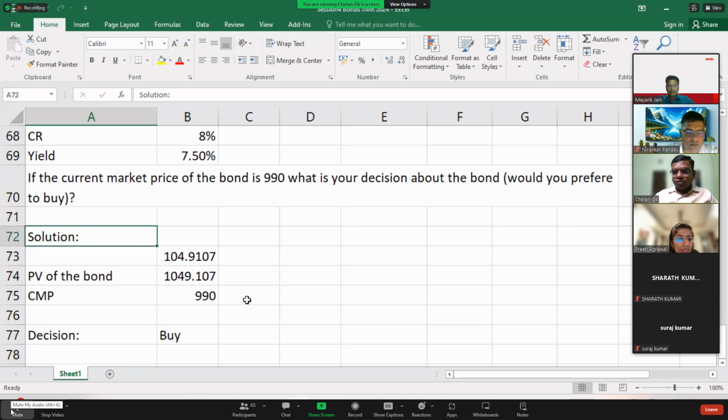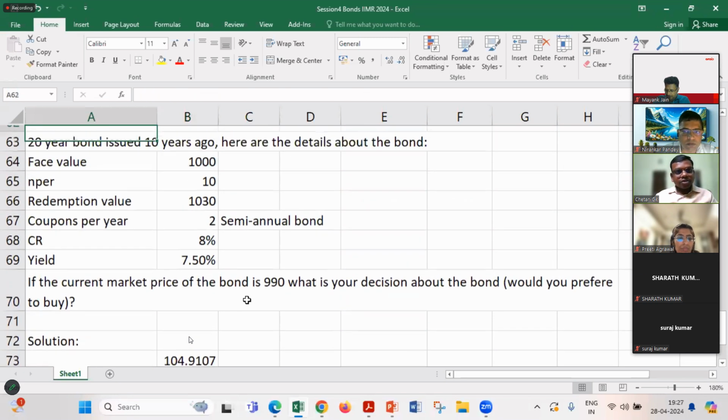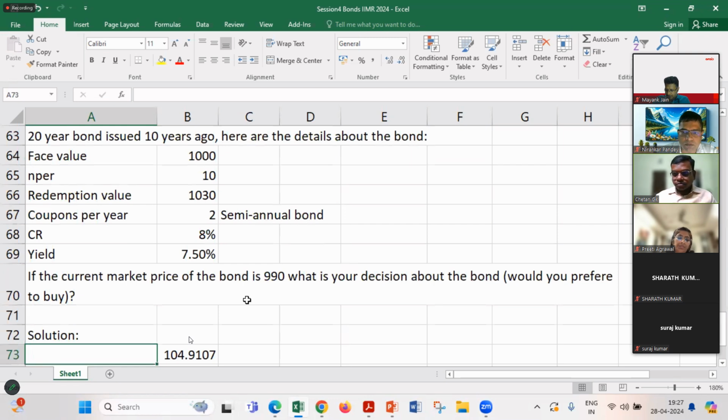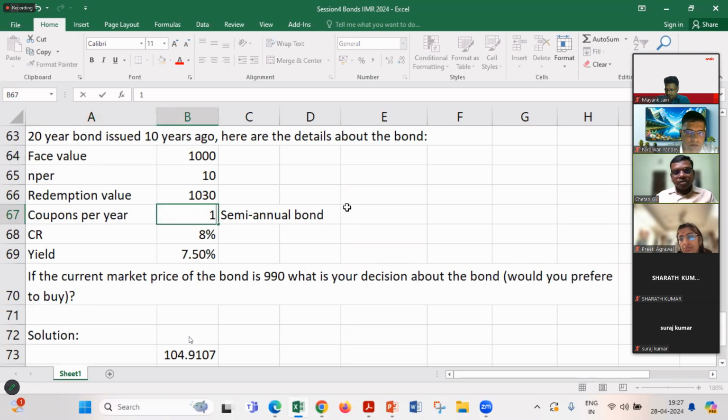So is it clear now comprehensively, whatever we have discussed in the last class? Hopefully everybody understood this problem. Any doubts you can ask me. Supposing that in the Muthoot FinCorp example the coupons were monthly, I can just make it 12 here.